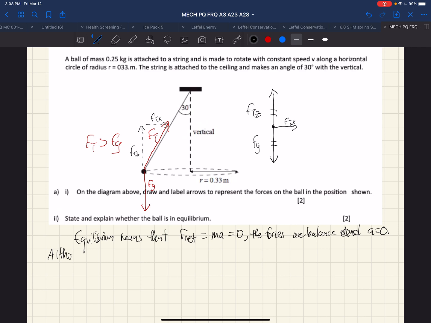Although the forces are balanced vertically, they are not balanced horizontally, resulting in centripetal acceleration.